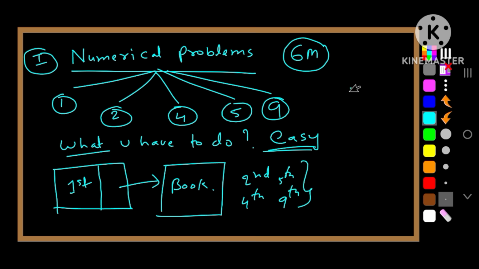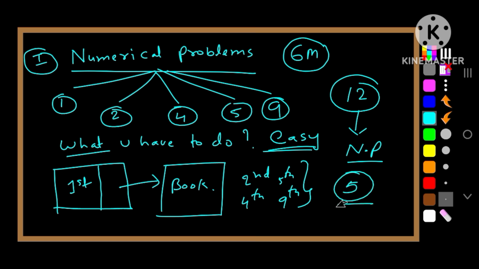So if you see, there are 12 chapters. Out of these 12 chapters, you are having numerical problems in 1, 2, 3, 4, 5. Only 5 chapters you are having numerical problems.